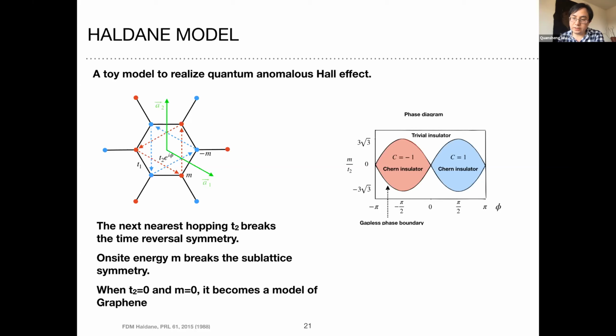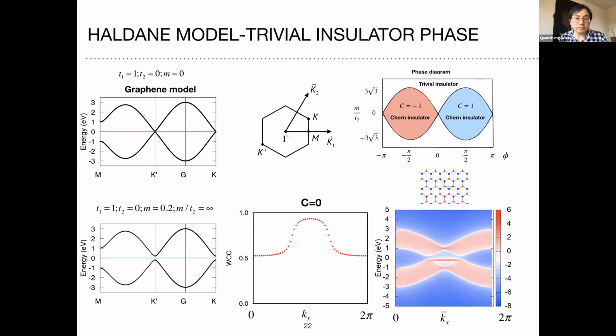One is the Chern insulator, where you will have a non-trivial Chern number, and the outside is just a trivial insulator, and the boundary is a gapless phase. So let's choose a parameter. First, let's make t2, the next nearest hopping, and the onsite energy 0. Then this is a graphene model. You will have the Dirac cones at the K and K prime points.